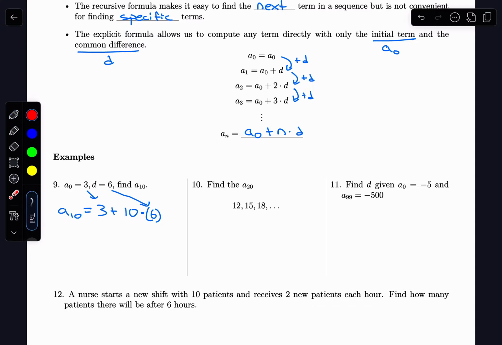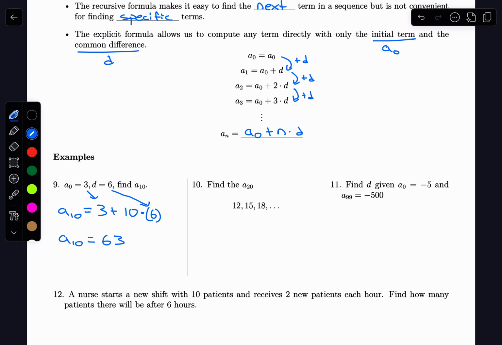So what this means is that I had to add 6 ten times to get from a naught to a sub 10, which is exactly what we were doing on the previous slide. Okay, we were just adding d over and over and over again. If I simplify this, we get that a sub 10 is equal to 3 plus 60, so that is just 63. So just like that, I can get to a sub 10 without really knowing any of the terms in between or even having to care about them for that matter.